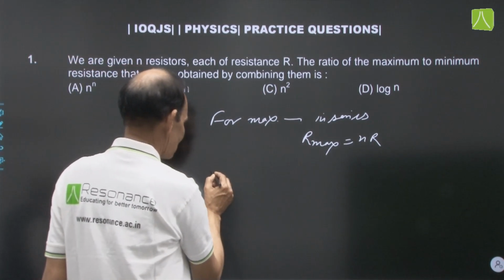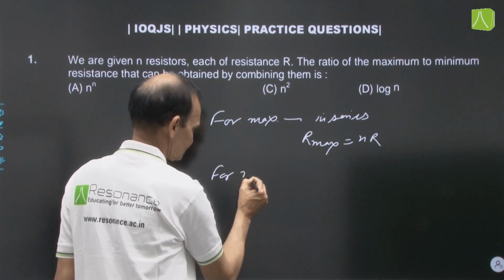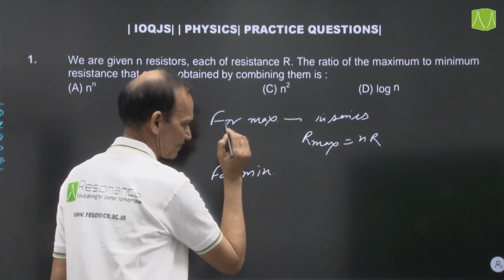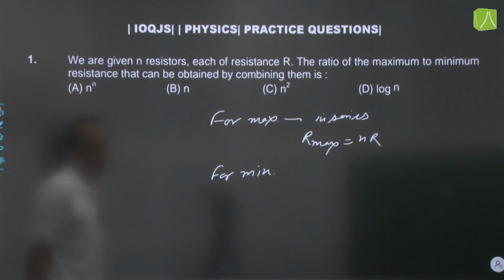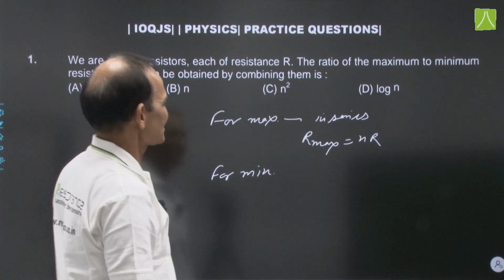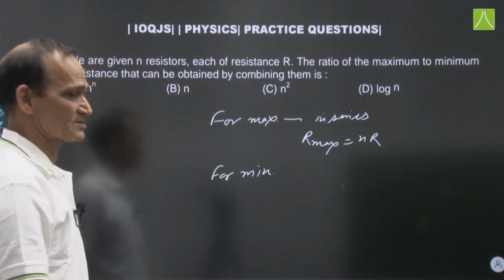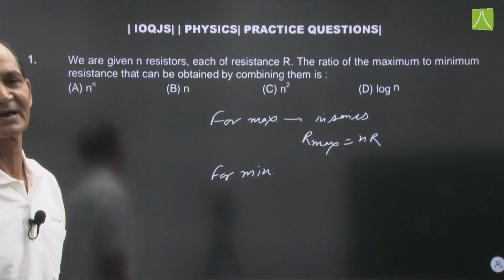That's for minimum resistance. Minimum resistance is the important part of parallel combination. The equivalent resistance of a parallel combination will be less than the lowest resistance connected in parallel.